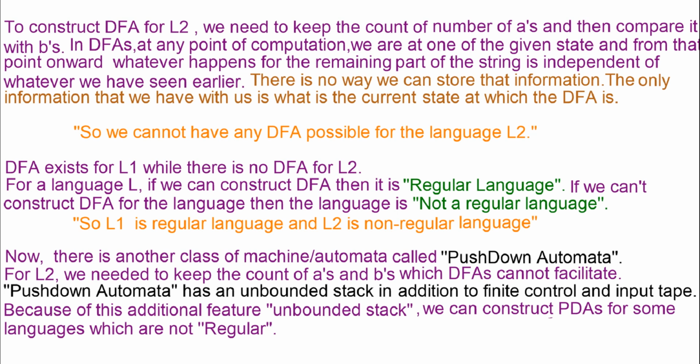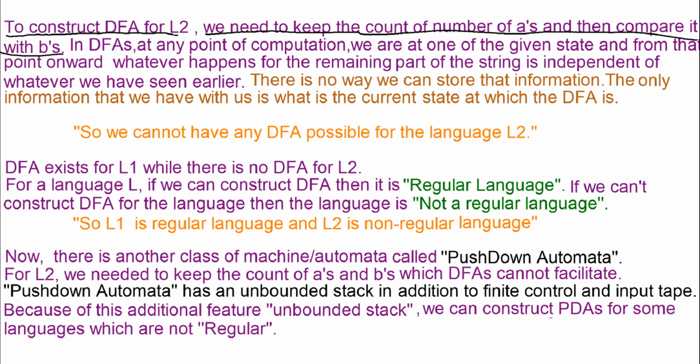So to construct a DFA for L2, we need to keep the count of the number of A's and then compare it with B's. But in DFAs, at any point of computation, we are at one of the given states, and from that point onward, whatever happens for the remaining part of the string is independent of whatever we have seen earlier.